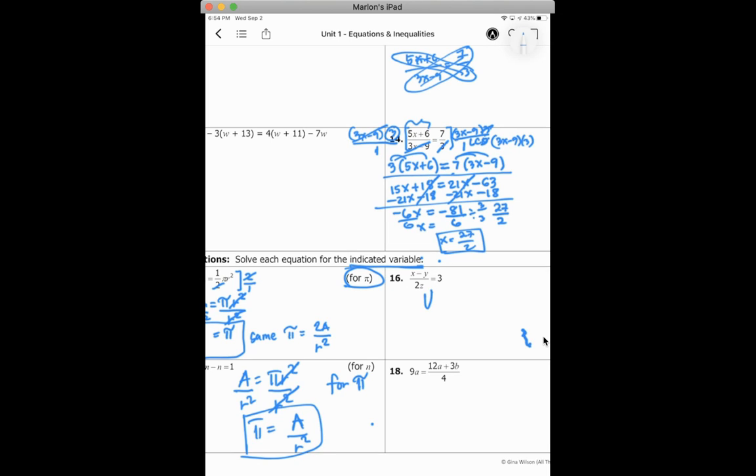Say volume is equal to, okay, I think I forgot those chemistry formulas. Let's say, density.